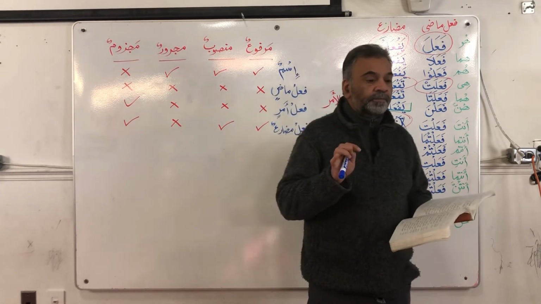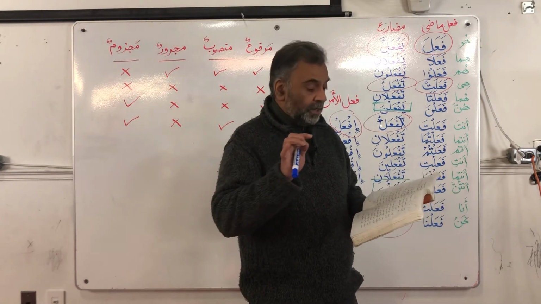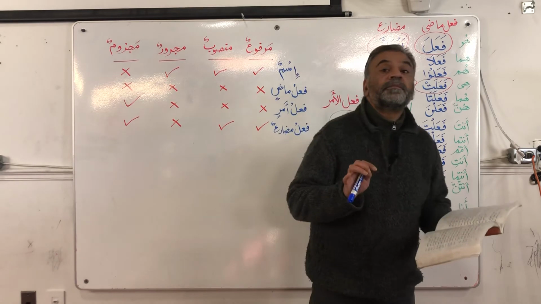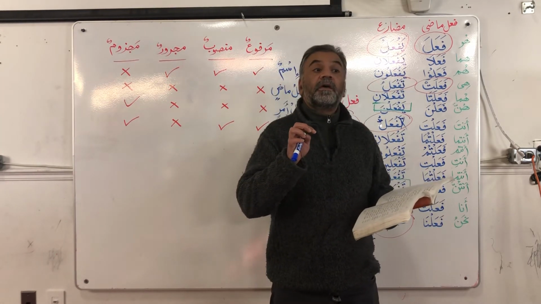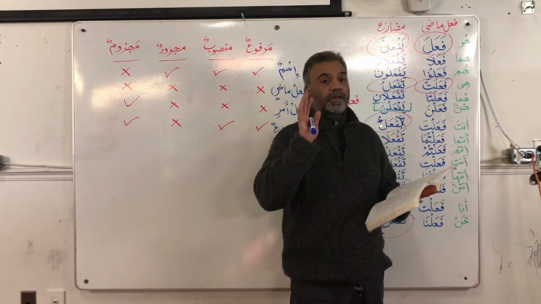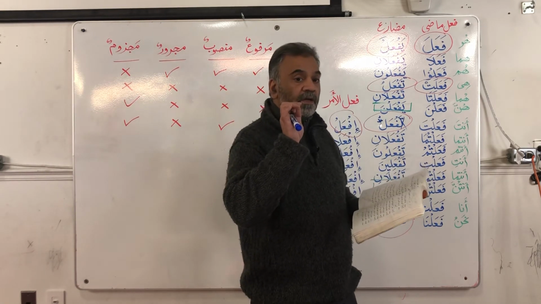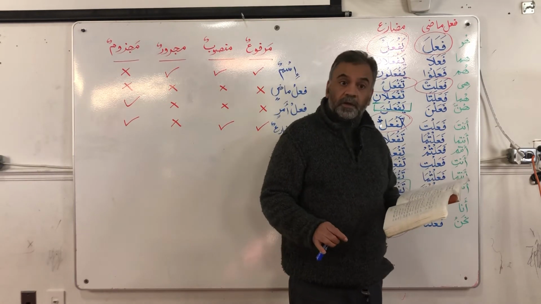Hamid said, huwa alal maktabi fi ghurfati. What kind of jumla is this? Ismiya, nominal sentence, right? Because it is beginning with a noun, with an ism. Where is the mubtada? Huwa.